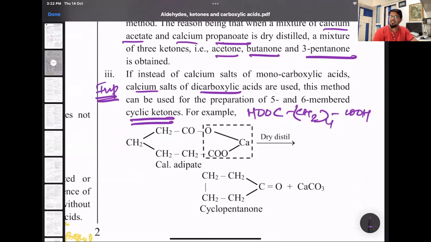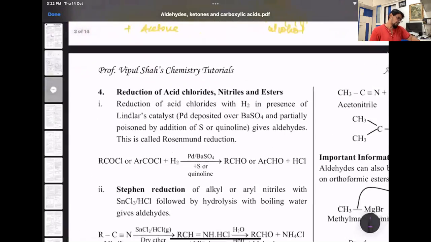The rest will become a cyclic structure. You will get cyclopentanone. So keep in mind, normally we have only calcium salt of monocarboxylic acid, but if it is a dicarboxylic acid like adipic acid, that is hexane dioic acid, then we'll get a cyclic ketone. That's one.